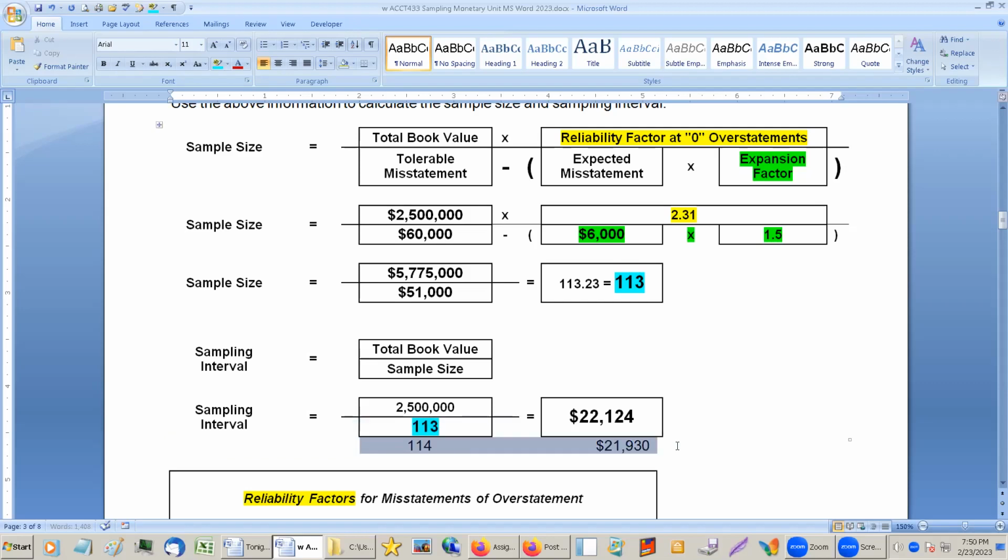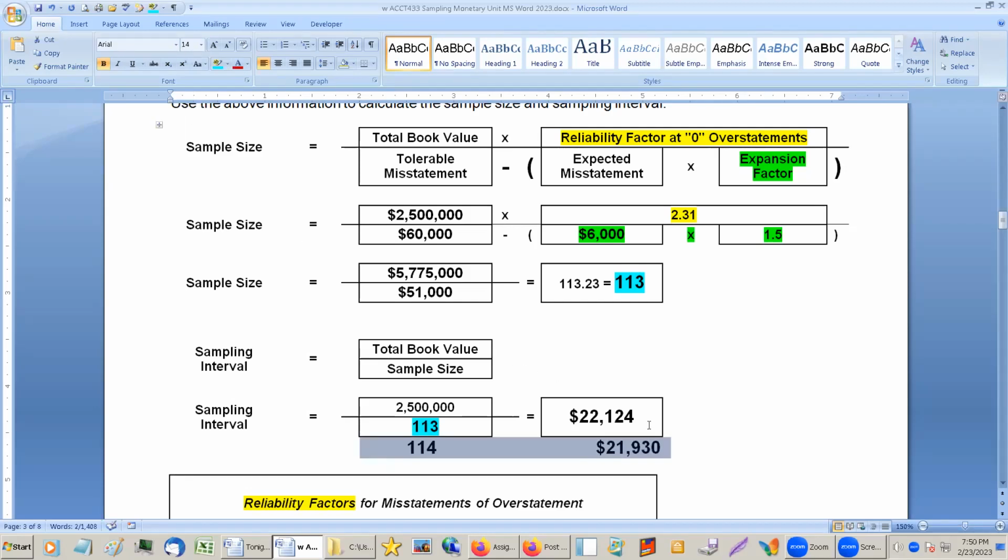Here's how I have it done. I've done it completely wrong. Okay. Yeah, and then again, I would probably round it up. But the true method is you round it to the nearest one.